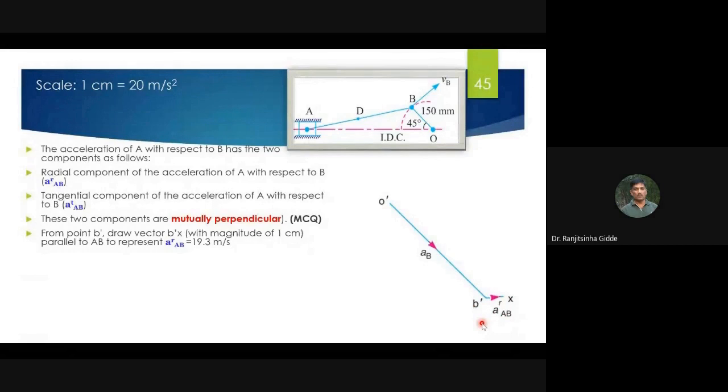Just remember that one vector has to be drawn parallel to the line, which we are going to call radial, and the vector which is perpendicular to the link is nothing but the tangential component.